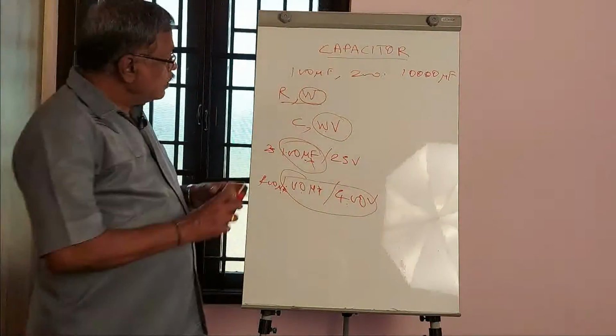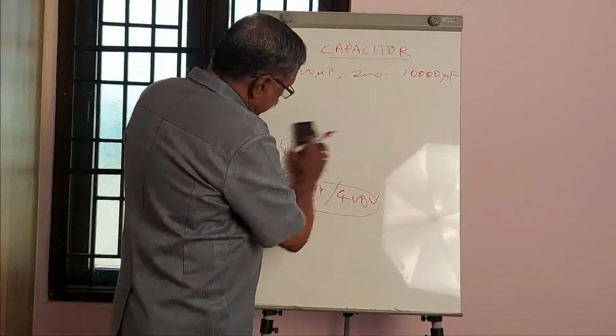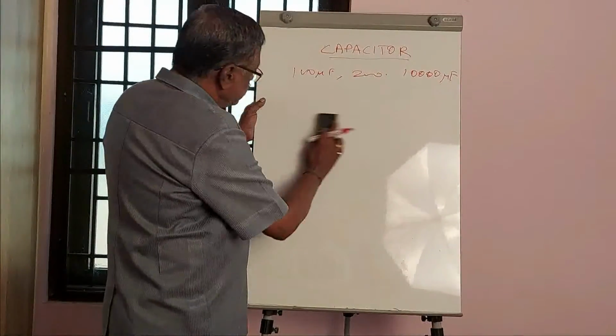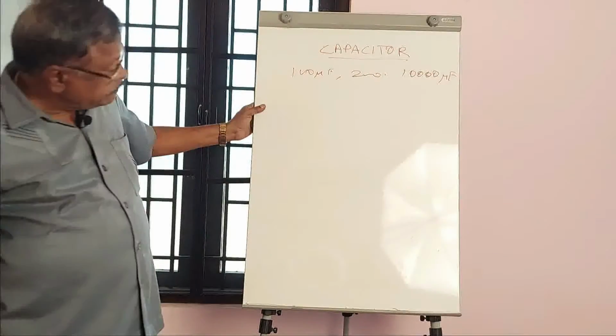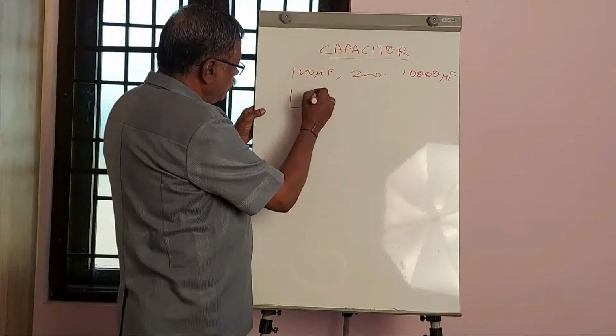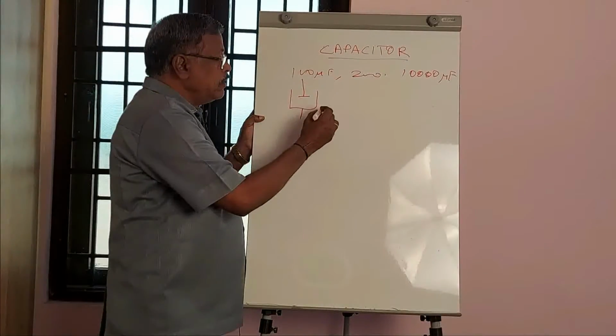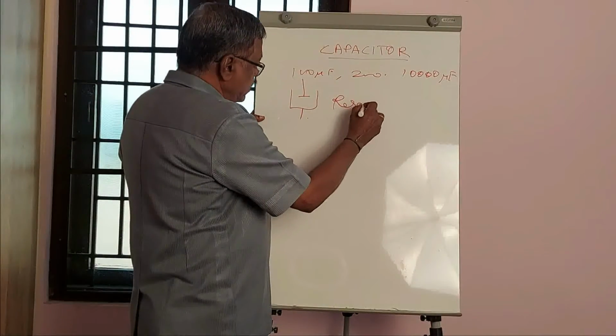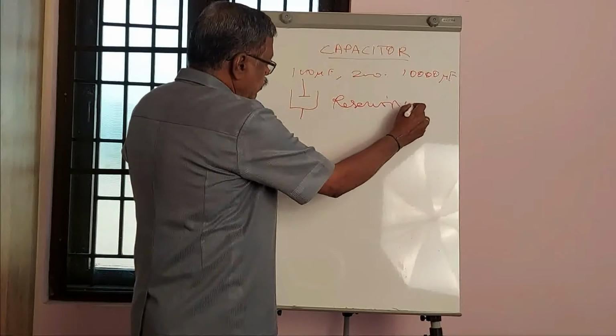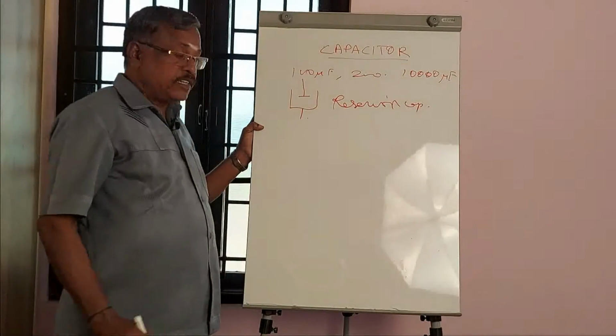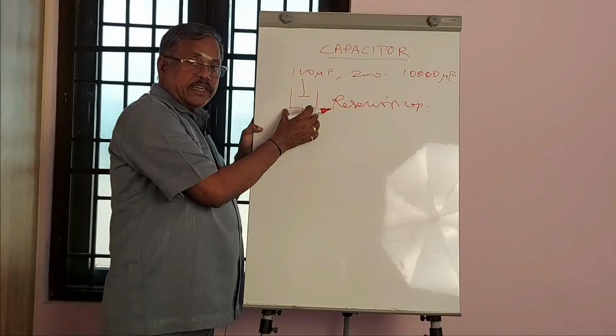Then, the representation of the capacitor. The filter capacitors are represented like this, and this is normally called a reservoir capacitor. Why is it a reservoir capacitor? You see, this is like a cup.